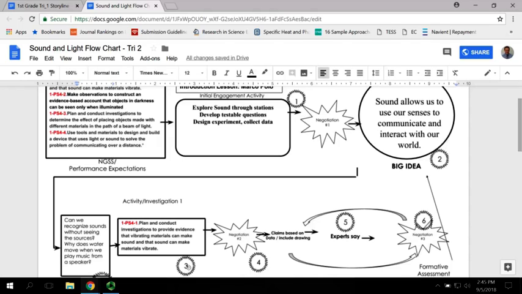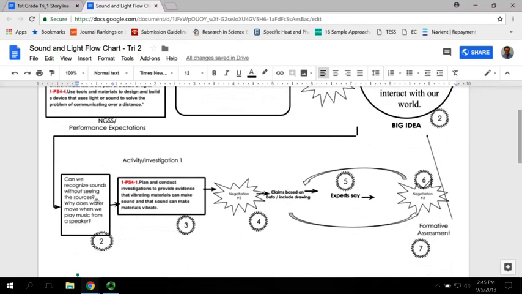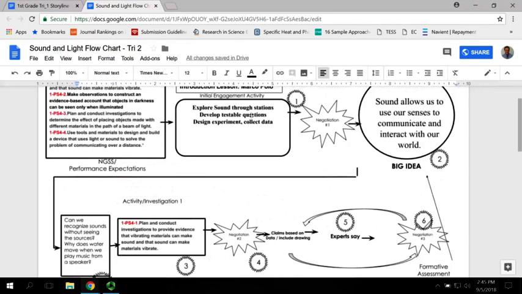From that, they'll develop a question: can we recognize sounds without seeing the source? Why does water move when we play music from a speaker? These would be things in these stations that the kids might want to investigate further and create a proper investigation.